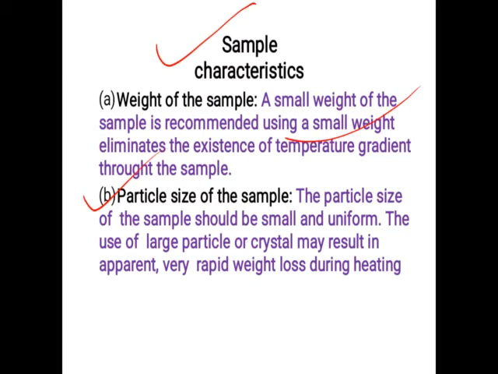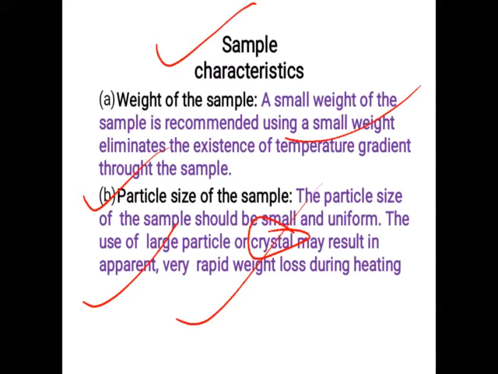Second part is the particle size of the sample. The particle size of the sample should be small and uniform, because if it has a large particle size or there is no uniformity in the particle size, it may result in very rapid loss. Suppose crystals are present, then during heating they undergo very rapid weight loss, also an apparent weight loss.